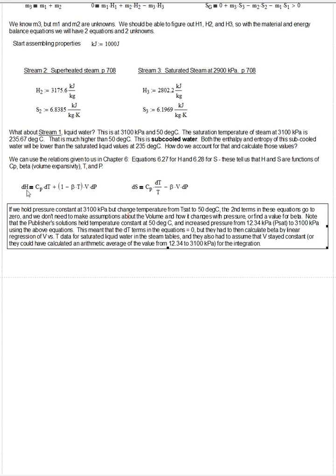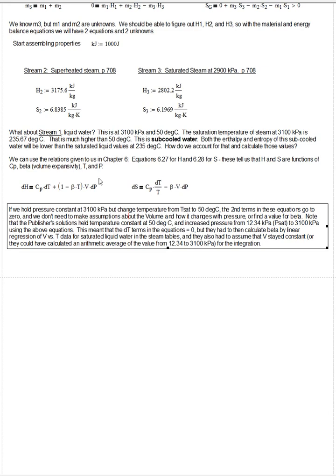So you can think of that as our H1. Then what we're going to do is keep the pressure constant, and we're going to drop the temperature from 235 to 50 degrees C.